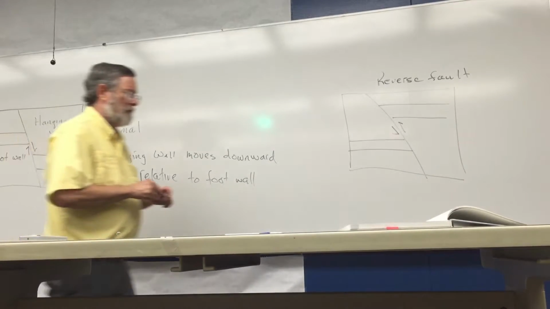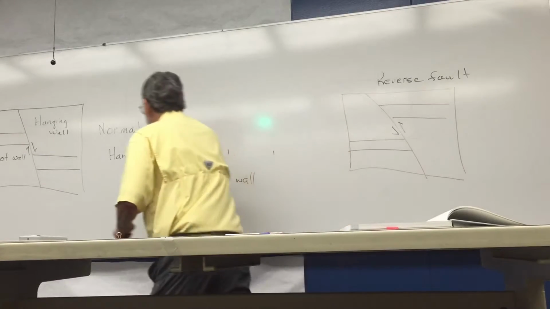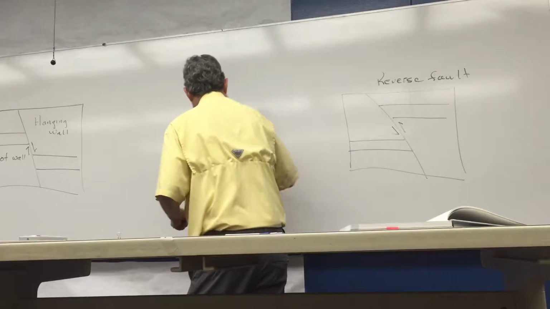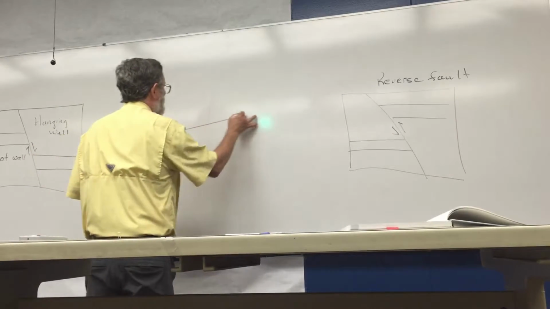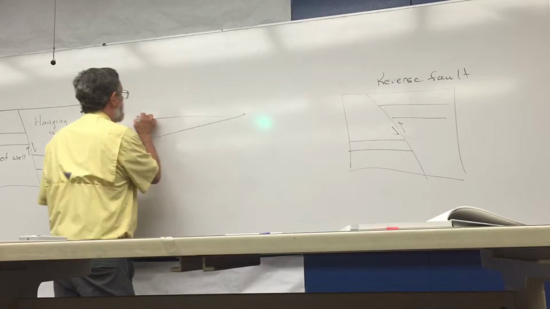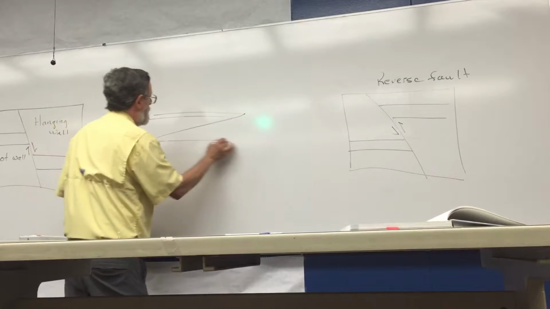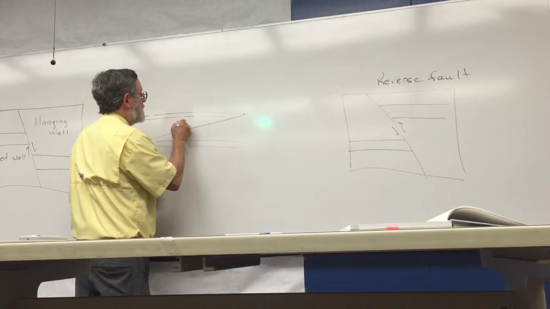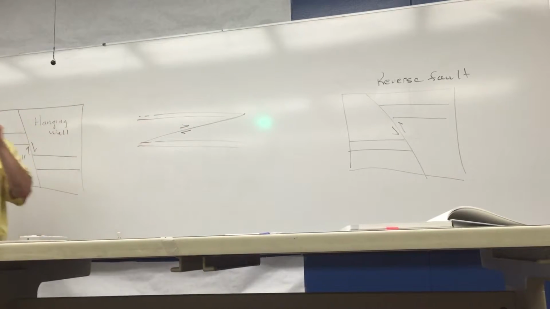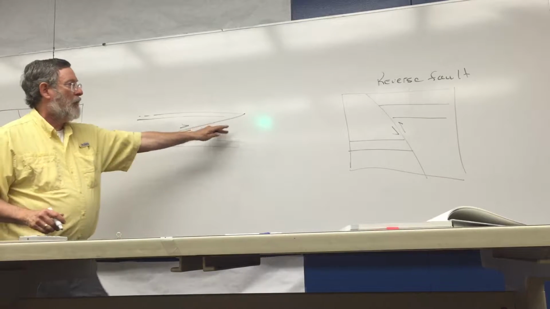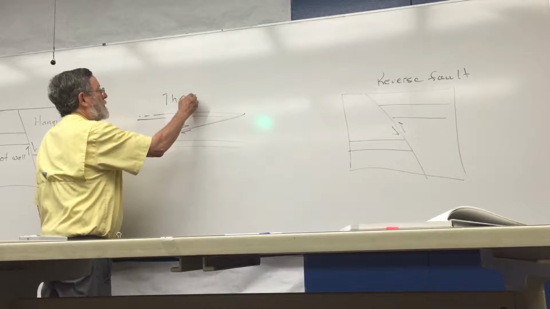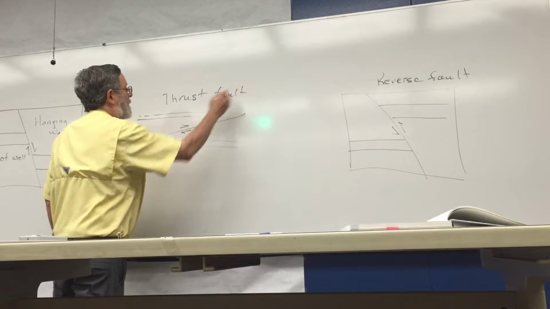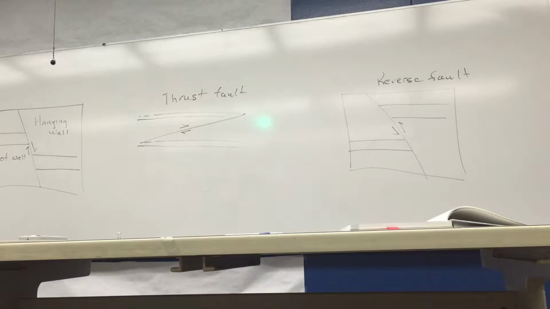Typically in a physical geology class, a thrust fault is drawn again as a kind of a stick diagram where we have a low angle fault and we offset on that low angle fault where again the hanging wall still moves up. So the hanging wall displacement is the same between a reverse fault and a thrust fault. The only difference is the angle of the fault plane itself.